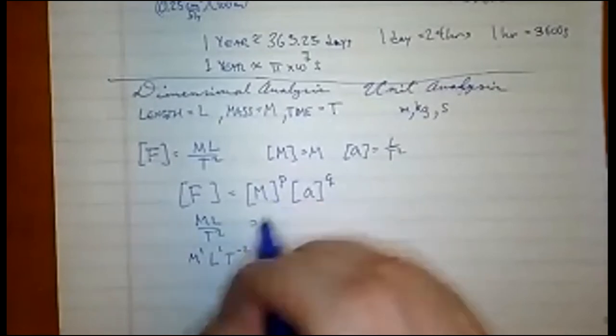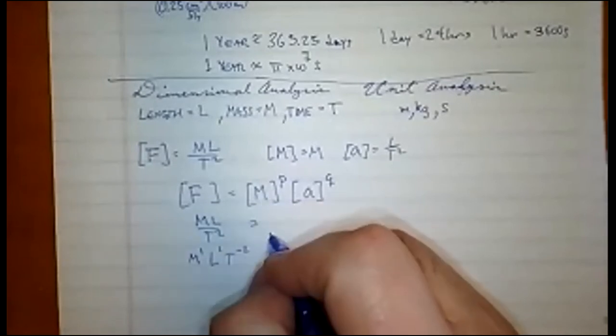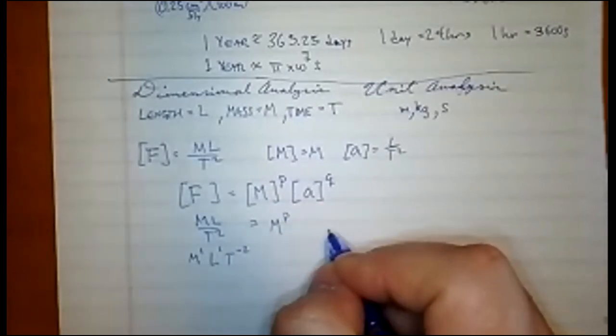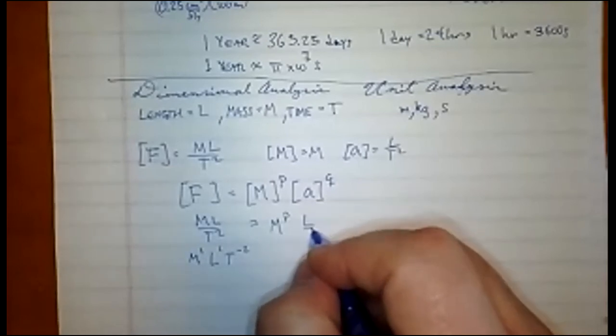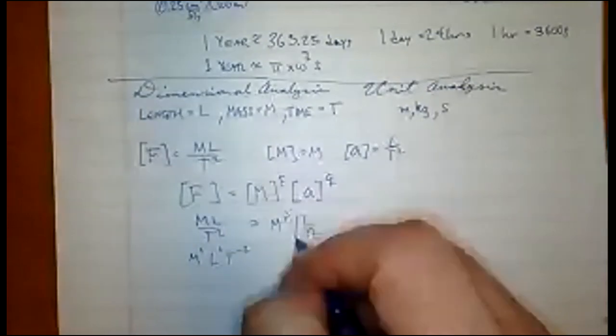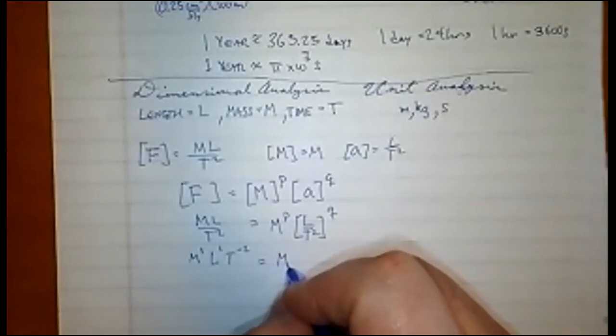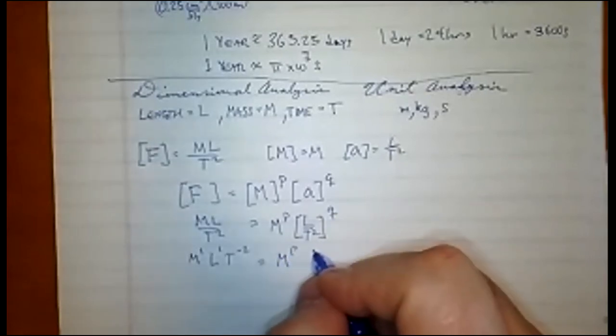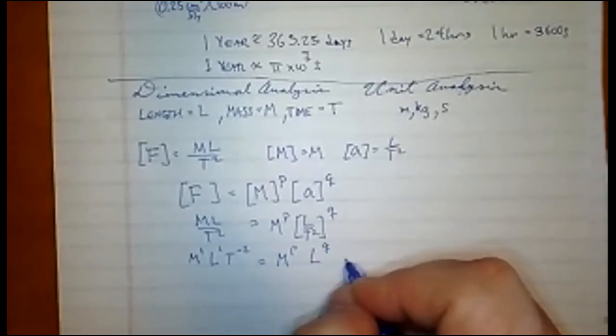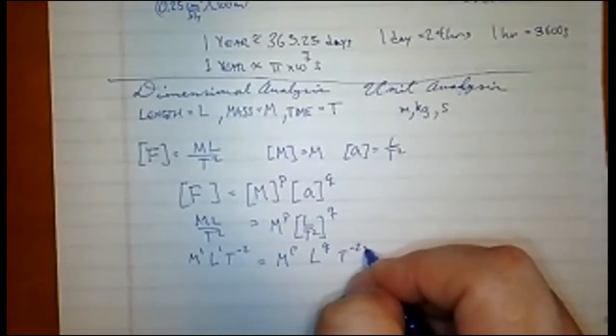And I'd write the unit for mass is just M to the P. And I'd write the unit for acceleration, which is L over T squared, raised to the Q power. So I've got M to the P, L to the Q, and T to the -2Q.